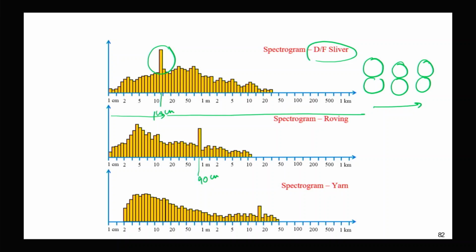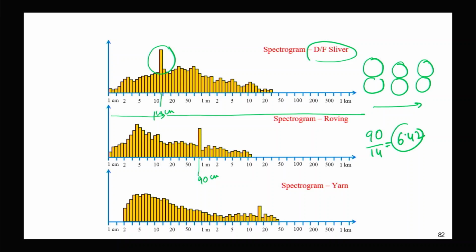So due to the draft, how much draft has been incorporated here? 6.42 draft was given in the roving frame, and it has been stretched.